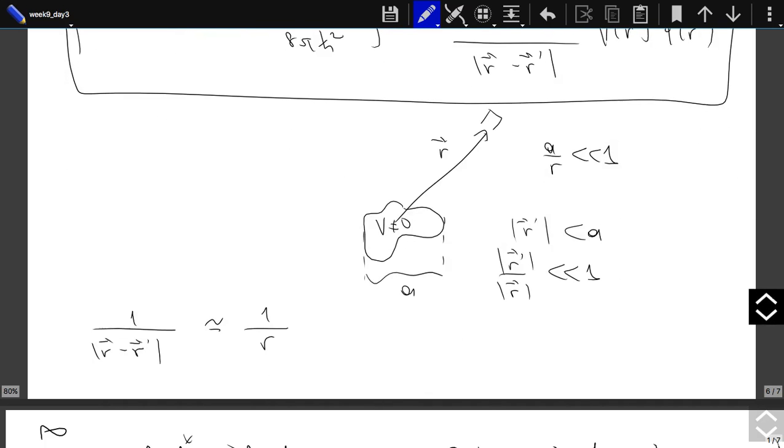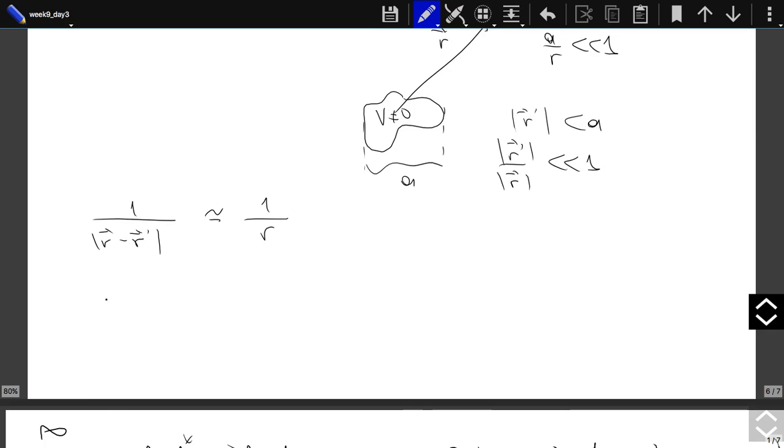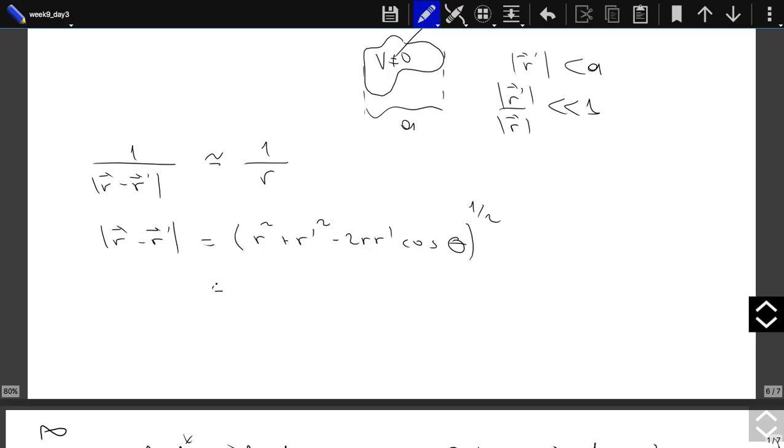And then we have the numerator. Now, in the exponent, we also have r minus r prime. Let's just expand it in this form. This is equal to r squared plus r prime squared minus 2 r r prime cosine theta, to the power 1/2, which is equal to r times 1 plus r prime over r squared minus 2 r prime over r cosine theta, to the power 1/2.